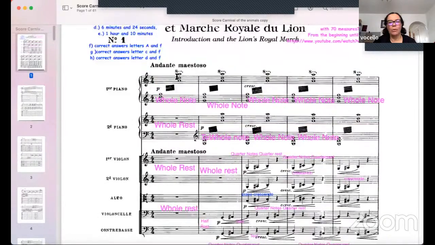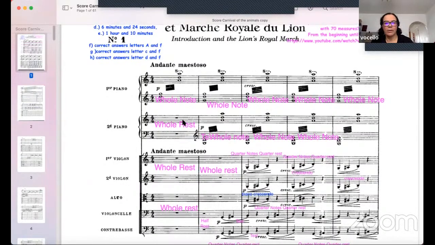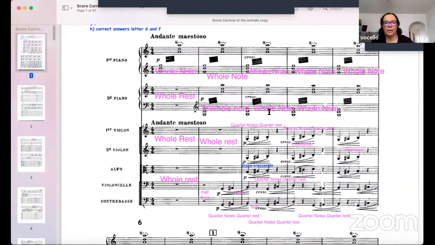So those are whole notes. This is one abbreviation, that's to play the 64th note. But here, just write whole note, all the rhythm, whole rest, whole note, etc.